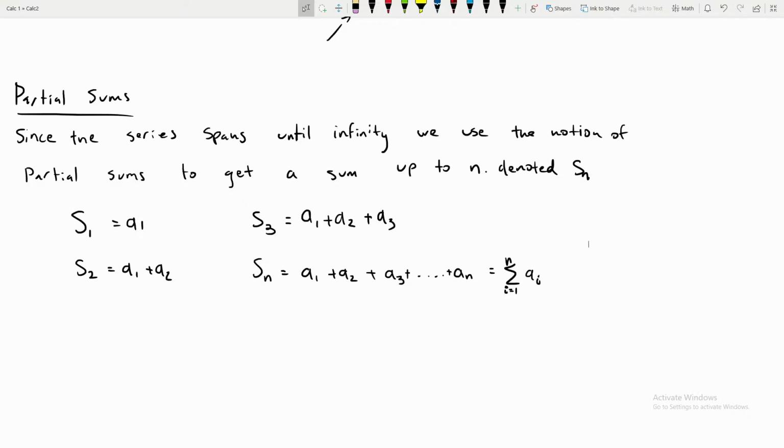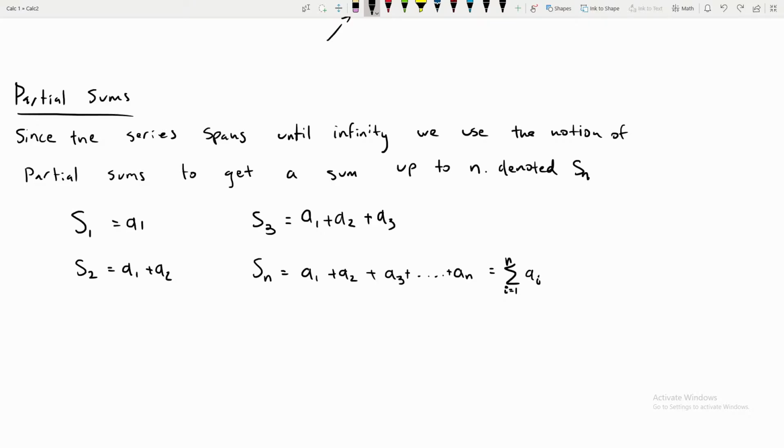Well, we can use the idea of partial sums to compute that. Since the series goes all the way up until infinity, we want to use the notion of partial sums to get a sum up to n, denoted as s_n, where n is the nth term.